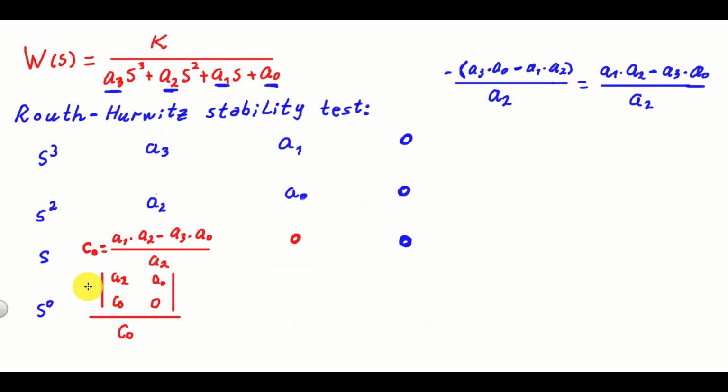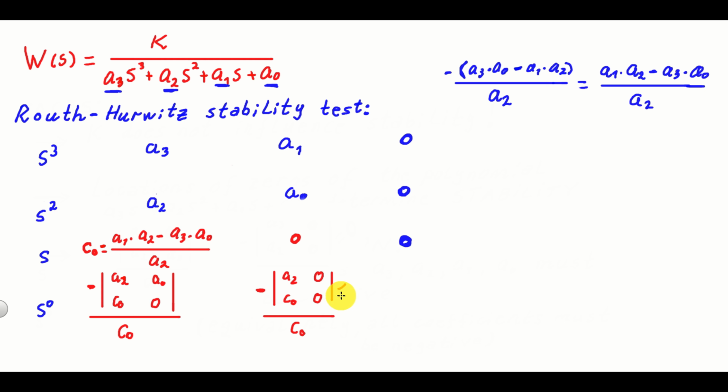Then we close the determinant and we have a minus sign. Okay, how about this entry over here? Again, in the denominator, we will have C0. What we will have in the numerator? In the numerator, we will have again a determinant. We take this column, A2, C0, 0, 0, and here we have a minus sign.